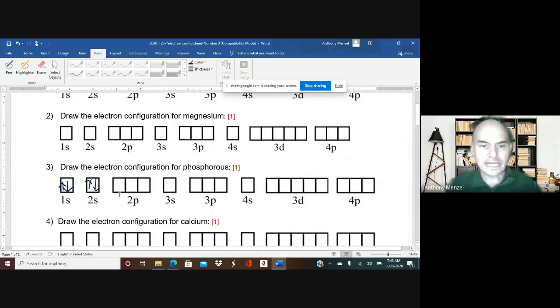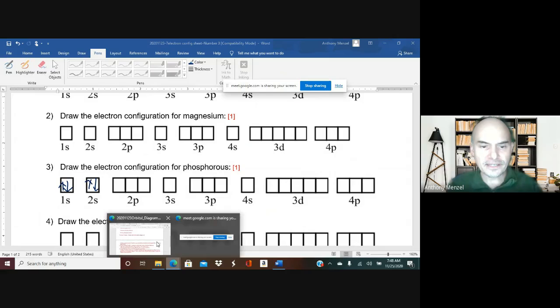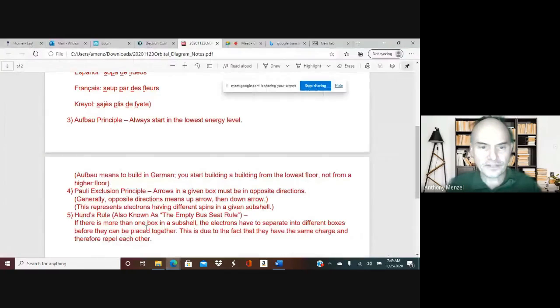So the electrons, because they have the same charge, they like to spread out in space. It's also called the empty bus seat rule, because if you're on a bus, you generally want to spread out. Let's say it's really hot outside and people are all sweaty and dirty.